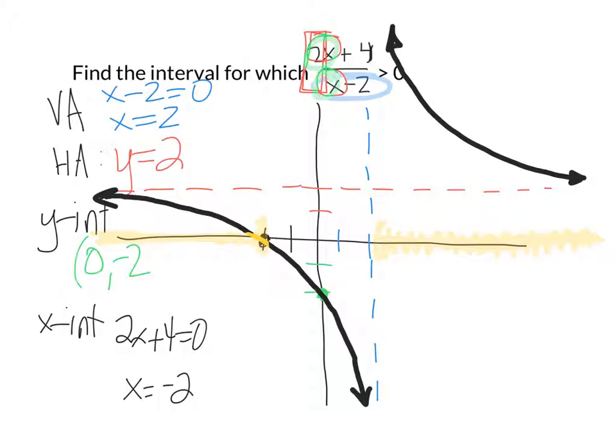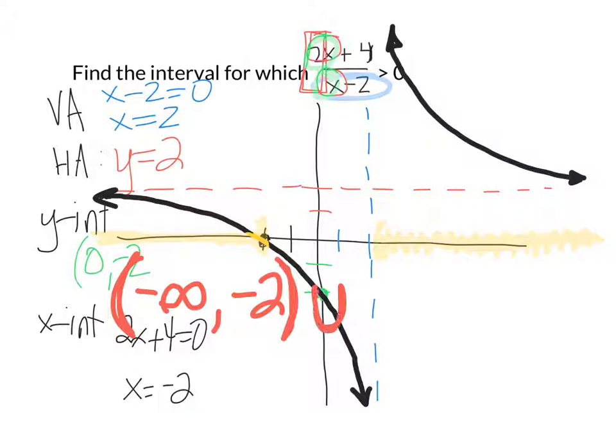How about red for our intervals? So we have from negative infinity all the way to negative 2. From negative infinity to the x-intercept, the graph is above the x-axis. And everywhere from this vertical asymptote off to infinity, our graph is above the x-axis. That is where 2x plus 4 divided by x minus 2 is larger than 0.